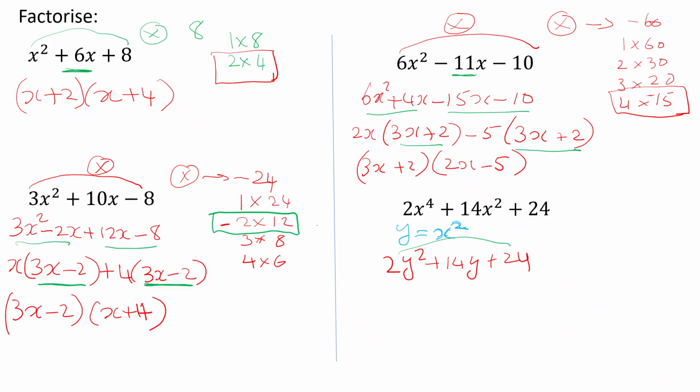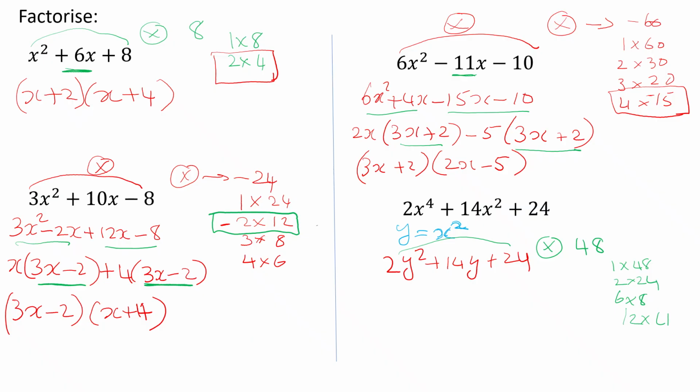If you multiply two numbers to get 48, the factors of 48 are 1 times 48, 2 times 24, 6 times 8, 12 times 4.